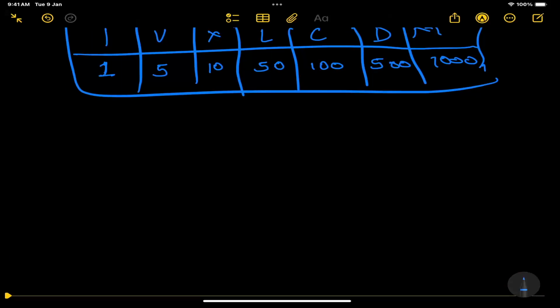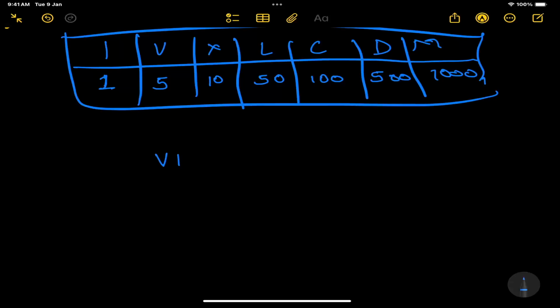Coming to rule number 1. Rule number 1 is, whenever a smaller number comes after a bigger number, you just add. For example, V, I. The rule says whenever a smaller number comes after a bigger numeral.